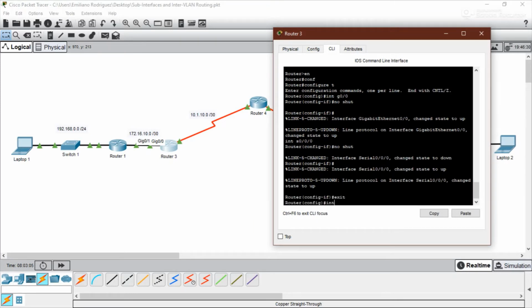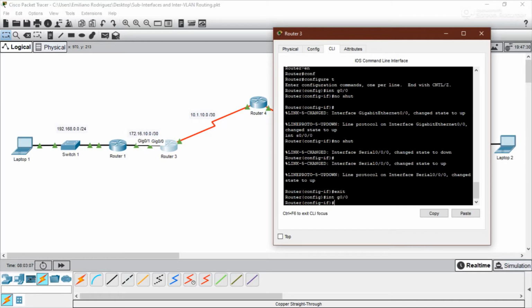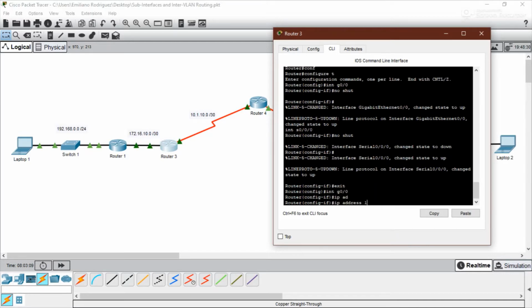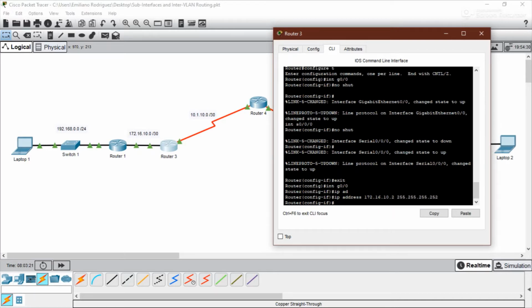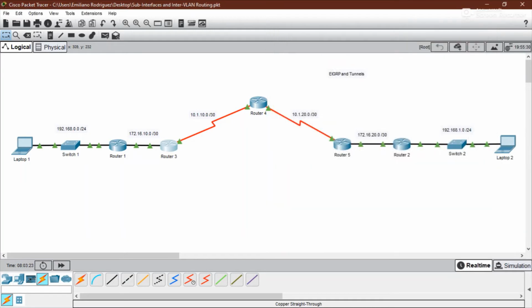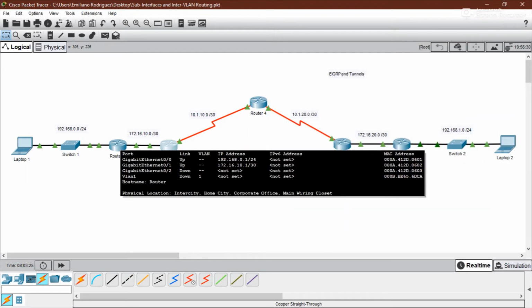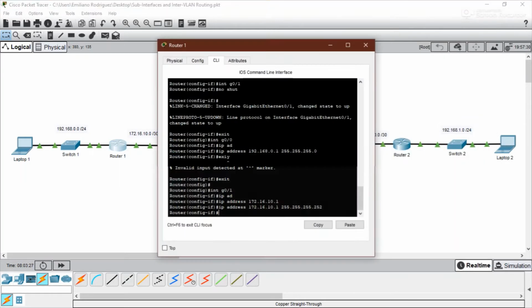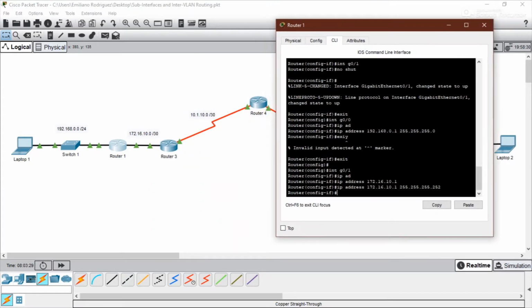On router 3, interface gig 0/0, IP address 172.16.10.2, 255.255.255.252. Router 1 should be able to ping router 3.